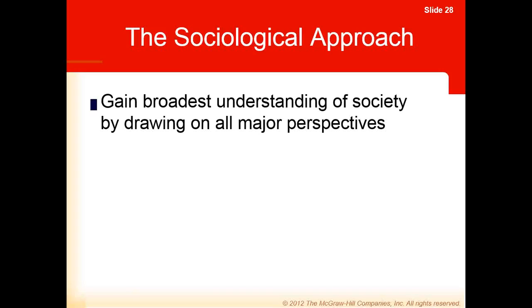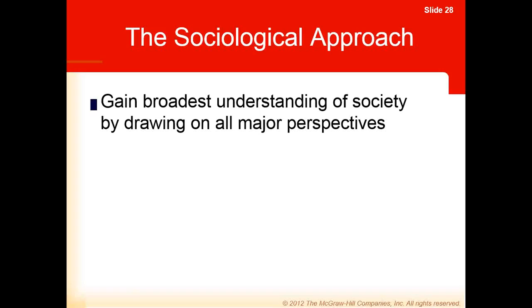But if we're focusing on all of society and we're looking at how society has institutionalized racism, well, that's going to be more of a conflict perspective approach. But if we're looking at the effect that institutionalized racism has on individual attempts to find a job amongst minority groups, well, then we've got a combination of interactionist and conflict perspective going on there.